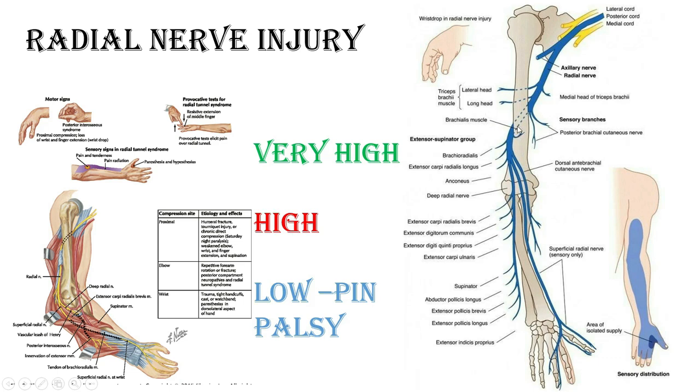Now during this course, it is accompanied by the arteria profunda brachii, and this will turn into the anterior compartment through the lateral intermuscular septum, where after coming into the anterior compartment, it will give branches to the brachioradialis, extensor carpi radialis longus, and anconeus, and a deep nerve to the elbow joint.